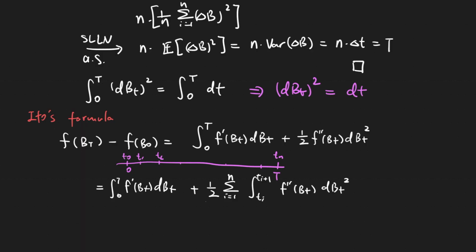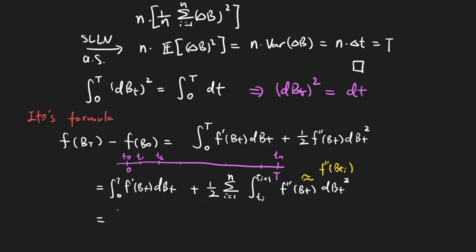Now we can do an approximation because if the time interval is small, this function is approximately a constant. So this is approximately just equal to the second derivative at B_{t_i}. Basically it's no longer changing, so we can move it outside of the integral.